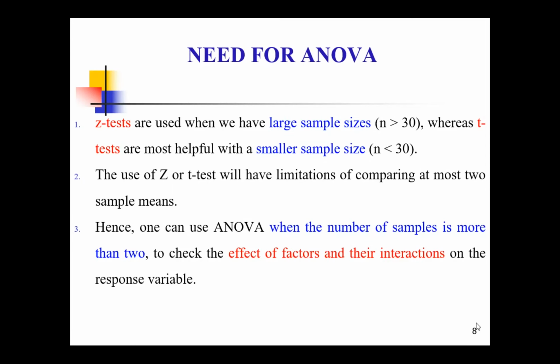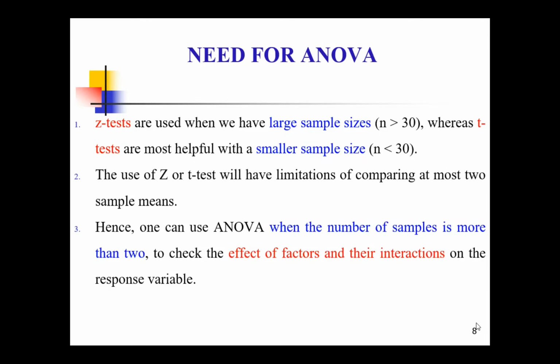Hence, one can apply this analysis of variance when the number of samples is more than two, because a variance exists only between two samples. And also to check the effect of the factors and their interaction effects.